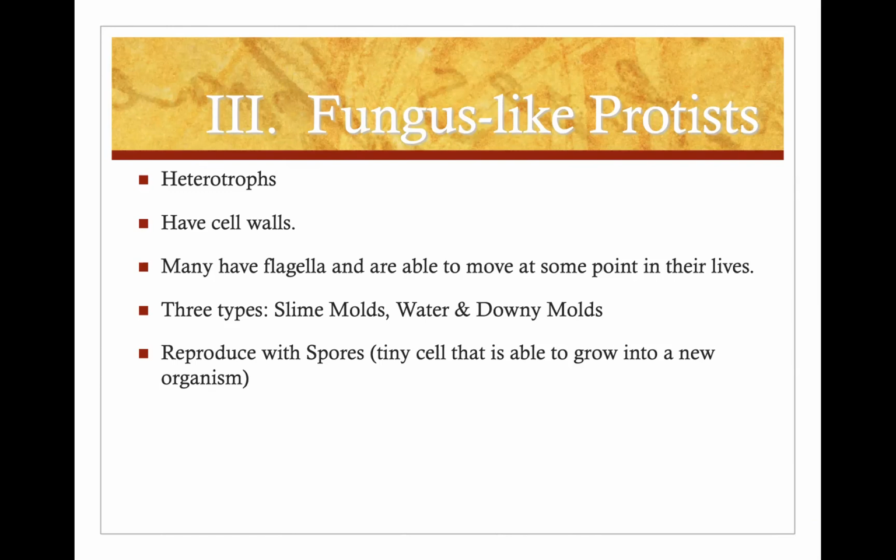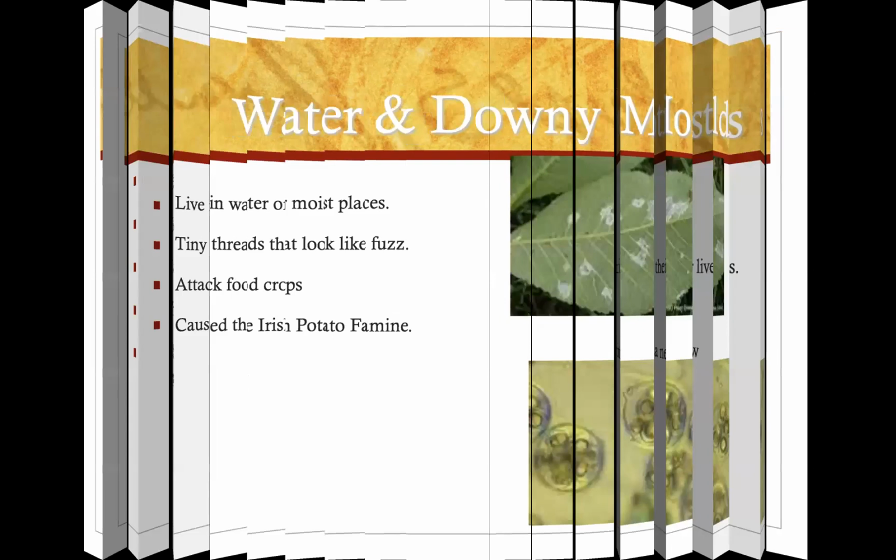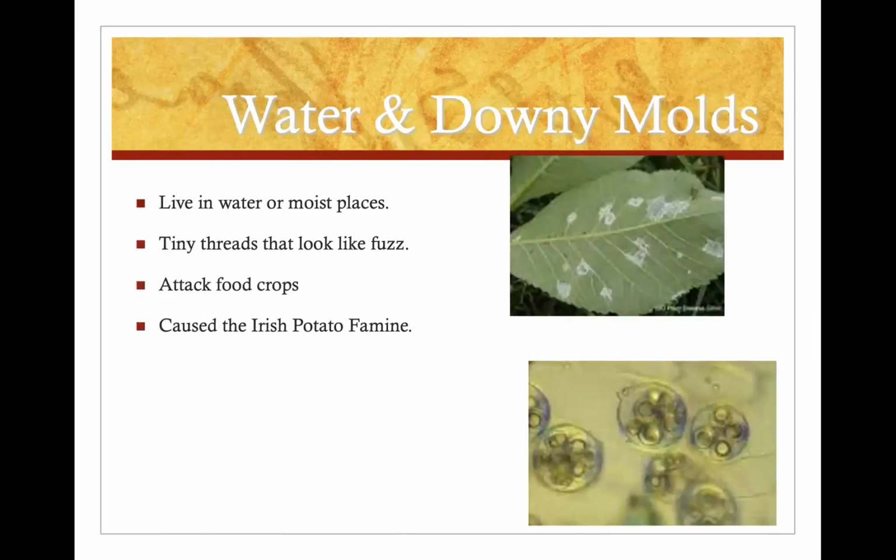So we have fungus-like protists that can reproduce via spore production. Jot down our three types of fungus-like protists: slime molds, water molds, and downy mildews. Water molds and downy mildews are organisms that live in water or some type of moist habitat.